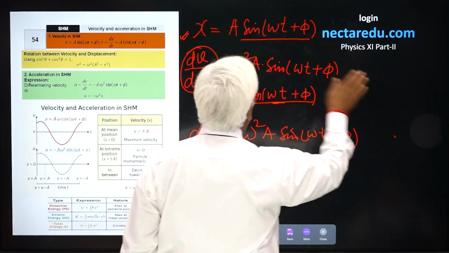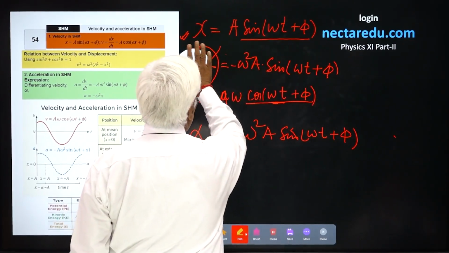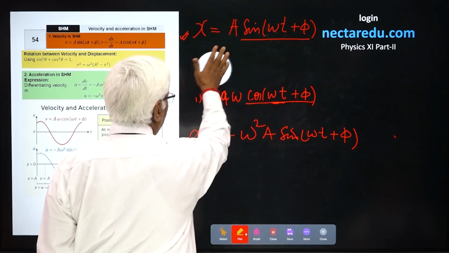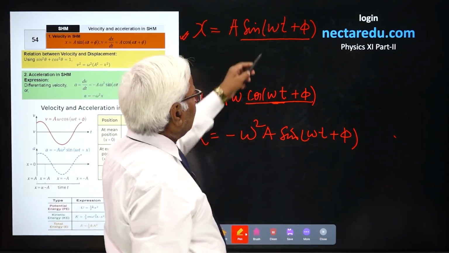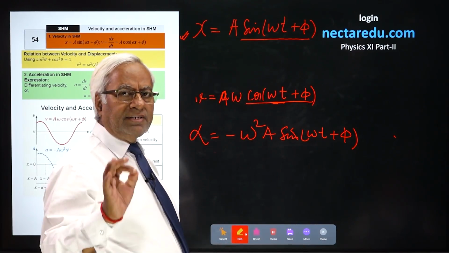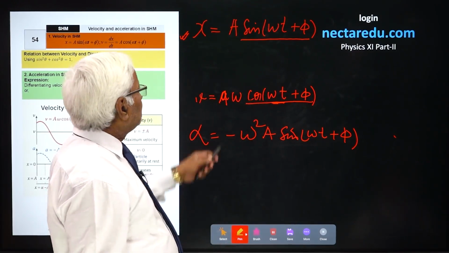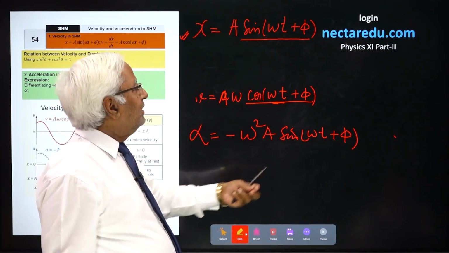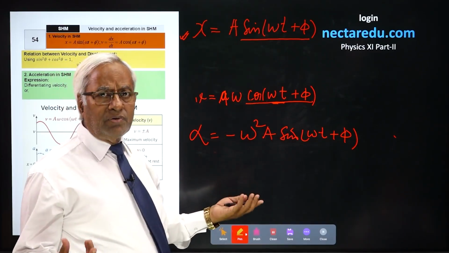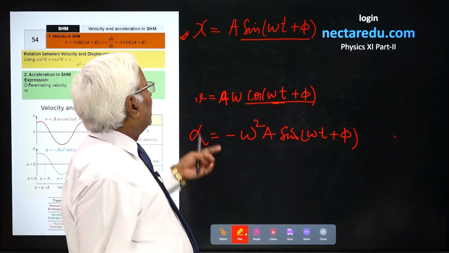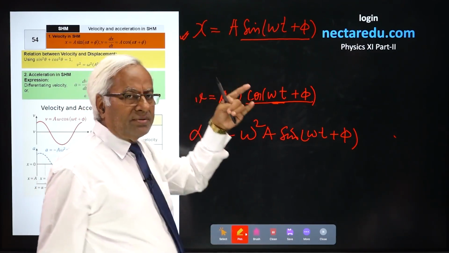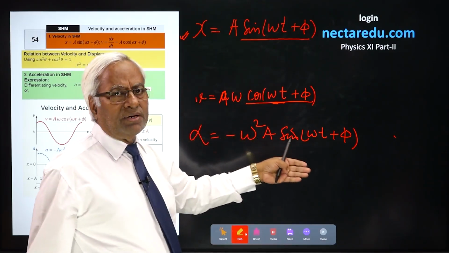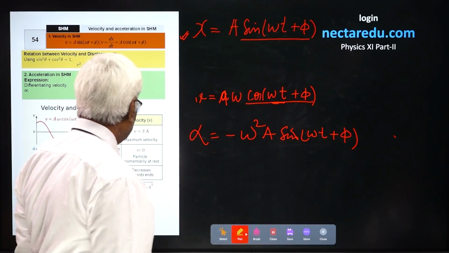One basic thing that we could conclude here regarding the phase of all three, I mean displacement, velocity and acceleration. Sine and cos have a phase difference of 90 degrees. And once you say this is sine θ, this is minus sine θ, it simply means that they have a phase difference of 180 degrees. So we could say x and v have a phase difference of 90 degrees, whereas x and α have a phase difference of 180 degrees.